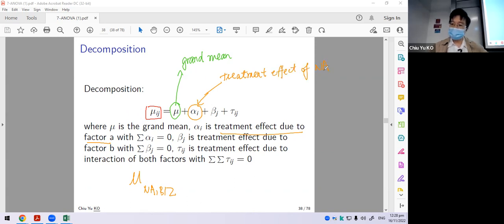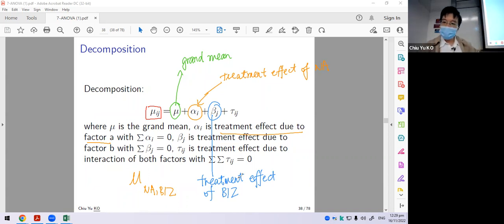So asking, being a New Asia college student, what is the impact on the GPA? And beta will be the treatment effect of business school. It's asking if you're a B school student, what is the impact on your GPA?